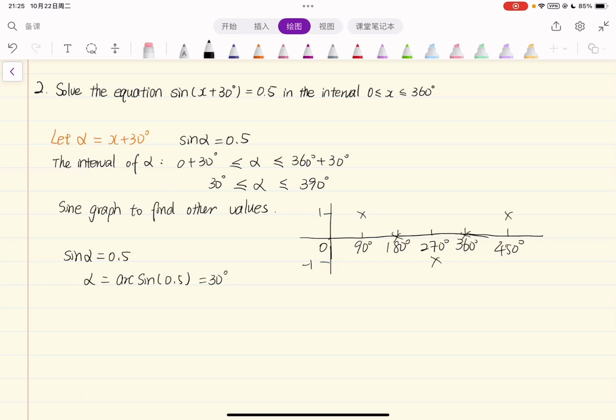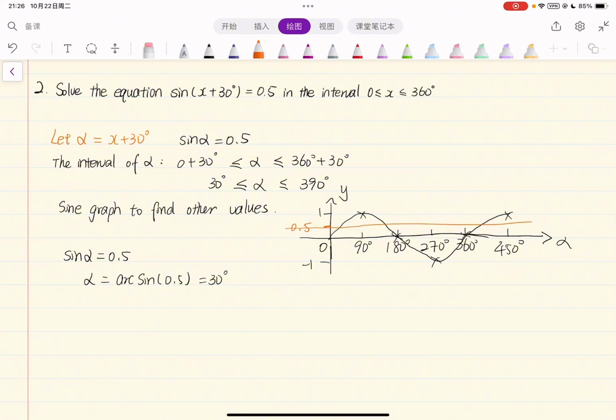I hope you can now draw the sine graph completely and successfully. The sine graph looks like that. We know that sine alpha equals 0.5, so we have 0.5 over here. If y equals 0.5 crosses this sine graph, we have 3 values.